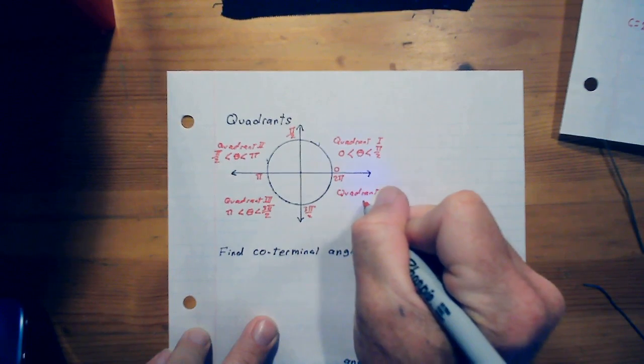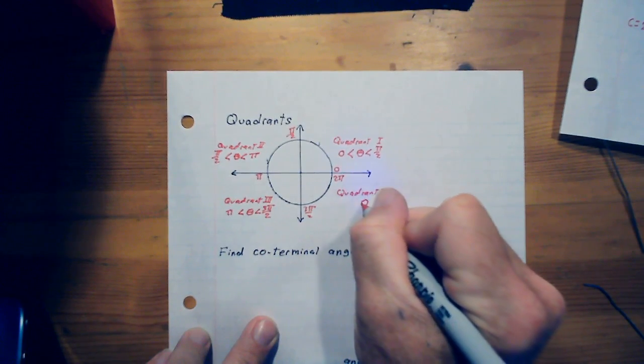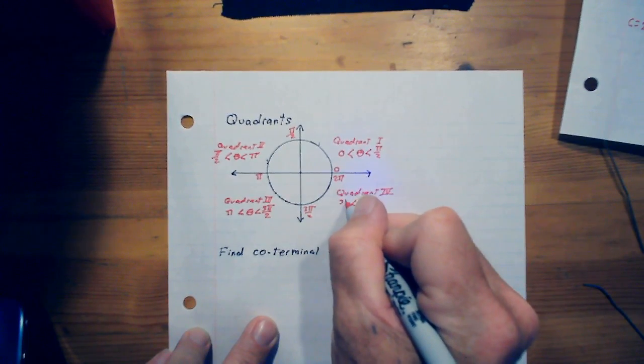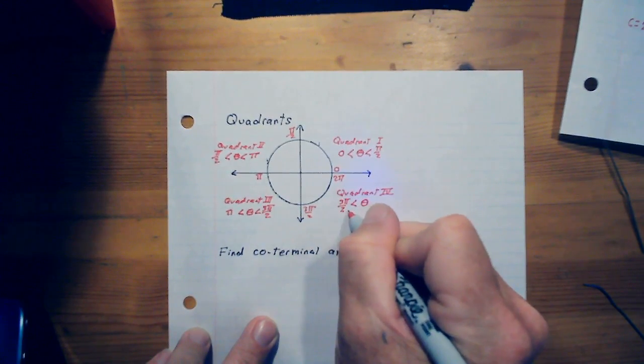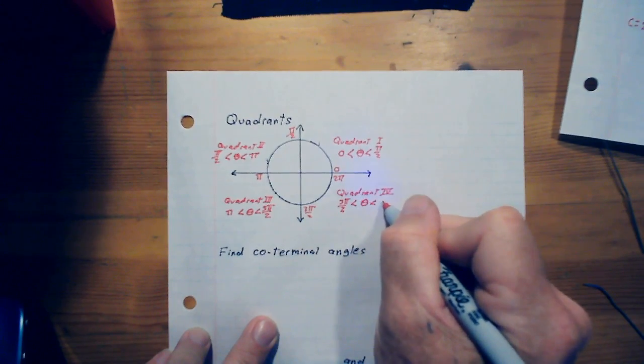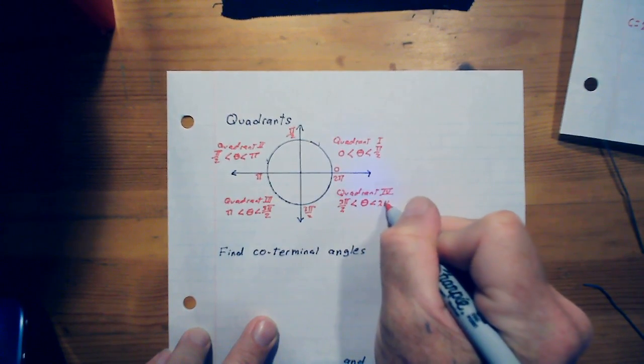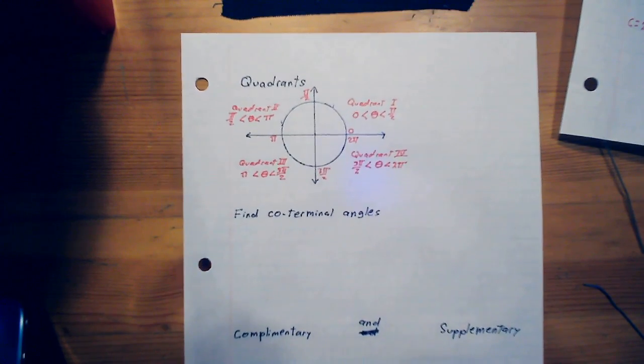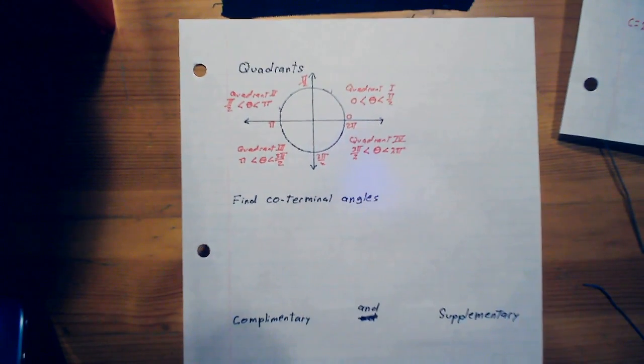Not that you have to, but all our angles theta are greater than 3 pi over 2, but less than 2 pi. So there's the quadrants. That's going to come up. What quadrant is this angle in? What quadrant is that angle in? You'll know by the measurements.